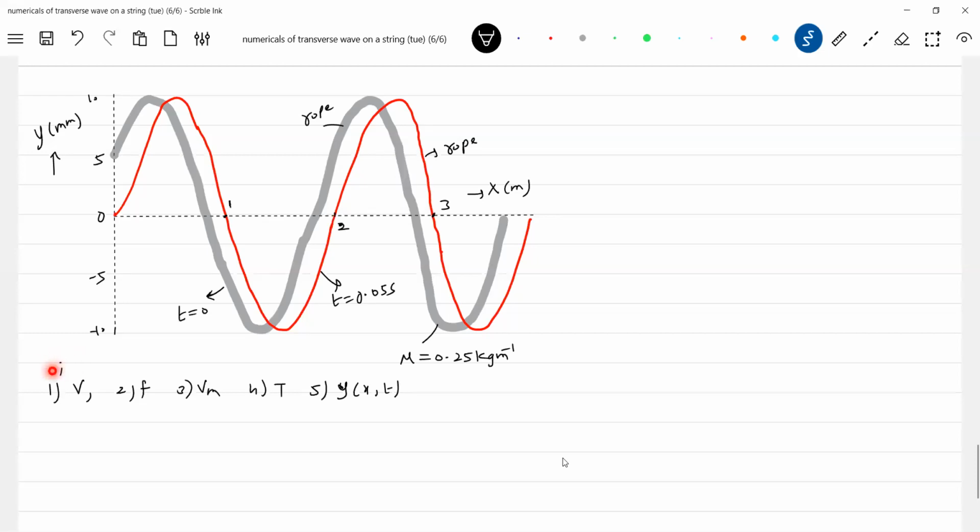What is the overall diagram? It will show the shape of the rope at two different instants of time. Shape of string, let me write.